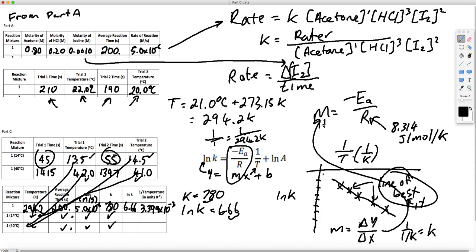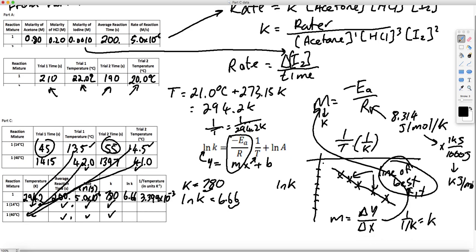So you can see that if you take the slope and you multiply it by R, then you'll end up with a unit of joules per mole, which could end up being converted into kilojoules per mole by multiplying by 1 kilojoule over 1,000 joules. And that will end up giving you kilojoules per mole as the unit for EA. And that's what we're going to end up doing.